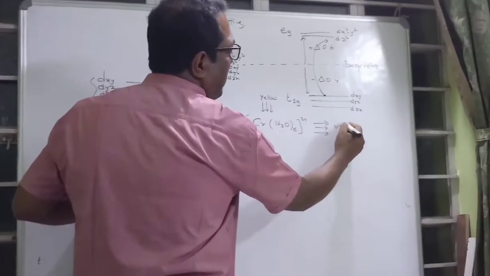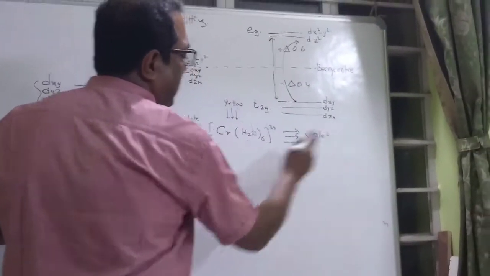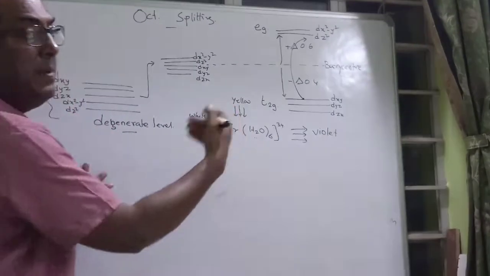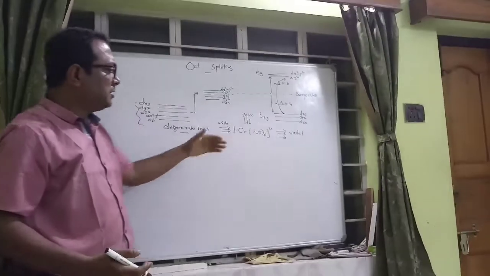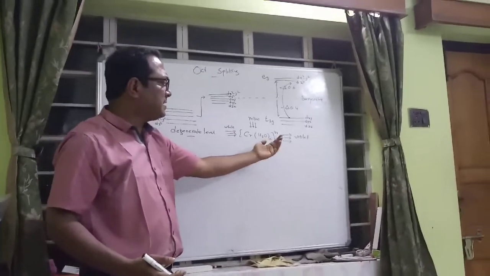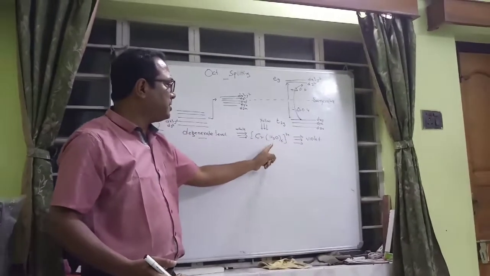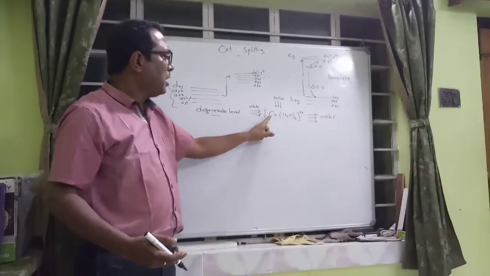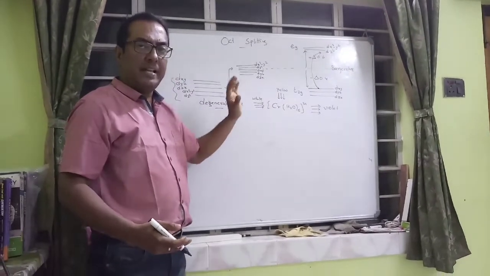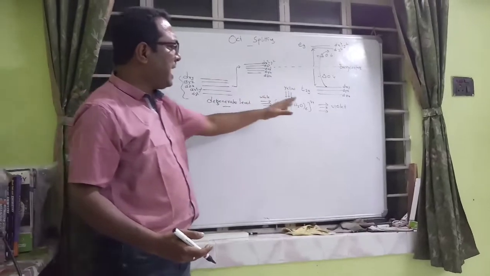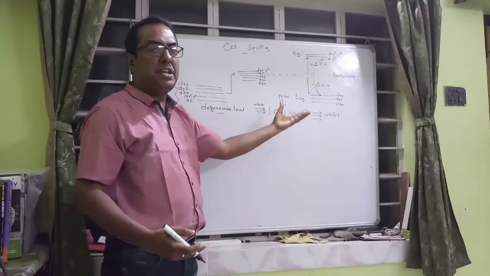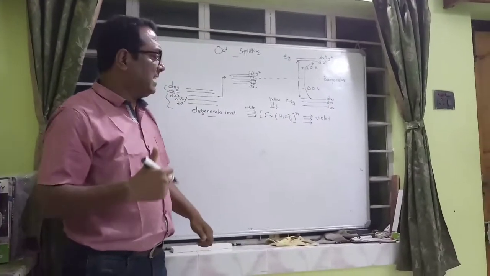It should be around violet, V-I-O-L-E-T, violet color. So if they absorb the yellow color, they would emit the violet light. So better I can say violet is the complementary color for this hexaaquachromium(III) ion. So this chromium 3 ion would be absorbing the yellow light and emitting out the violet color.